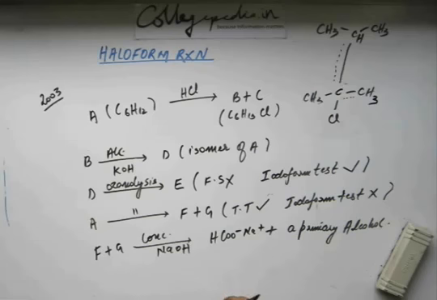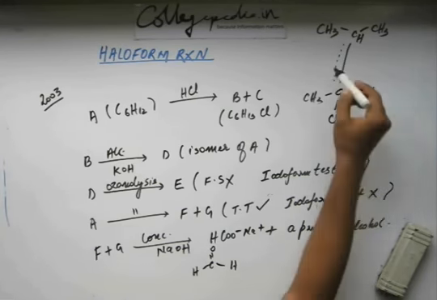As per the Cannizzaro reaction, the only way to get this sodium salt of formic acid is when you start with formaldehyde. If you don't start with formaldehyde, there is no way you can get the sodium salt of formic acid. So one of F and G has to be formaldehyde.